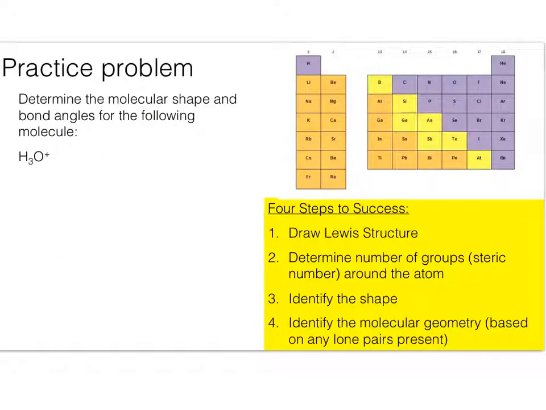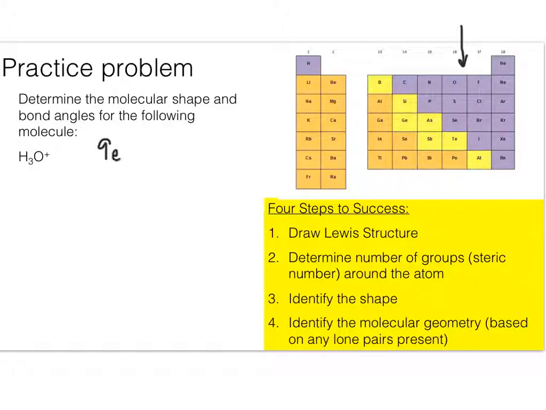Okay, so let's do a practice problem to solidify this idea here. So we have H3O plus, and oxygen is going to be right here in our condensed periodic table. It should have 6 valence electrons associated with it, and the hydrogens should each bring along 1, so we should have a total of 9 electrons.